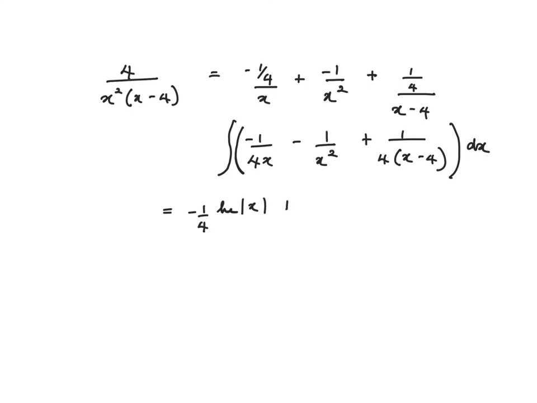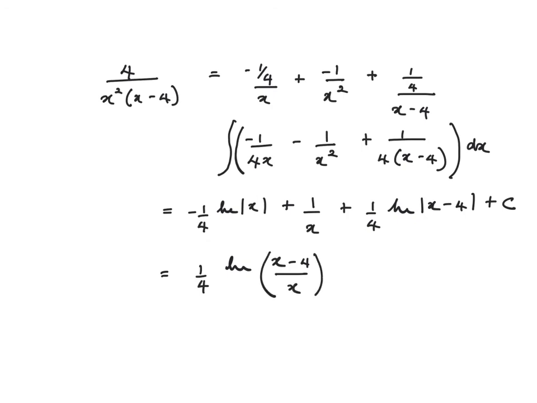Now this gives us plus 1 over x, and this gives us 1 over 4 natural log of the modulus of x minus 4 plus the constant of integration c. We could bring together the two log terms, so it will be 1 over 4 natural log of (x minus 4) over x plus 1 over x plus c.